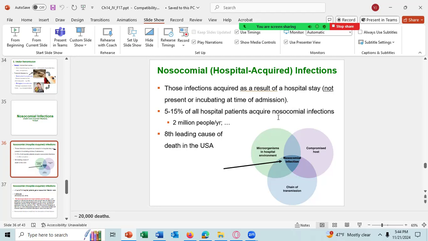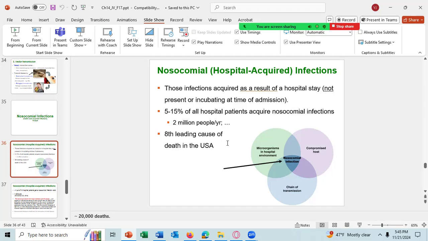It's estimated that 5 to 15% of all hospital patients acquire a nosocomial infection each year in the United States. That's 2 million people per year in the United States and 20,000 deaths per year in the United States caused by a nosocomial infection, also called a hospital-acquired infection.